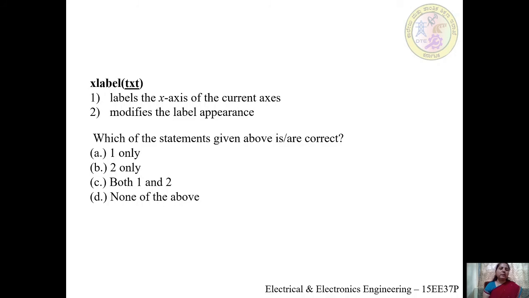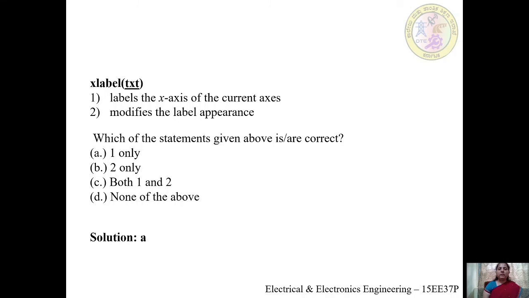Next question is like this. xlabel of txt, that is text, labels the x-axis of the current axis; and xlabel of txt with additional arguments modifies the label appearance. Which of the statements given above is correct? 1 only, 2 only, both 1 and 2, none of the above.